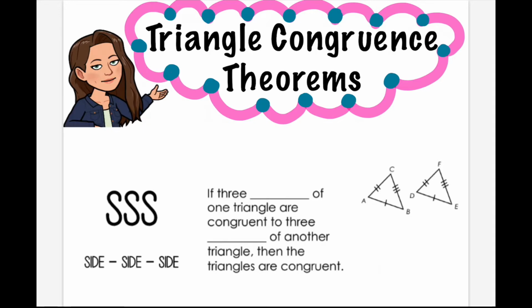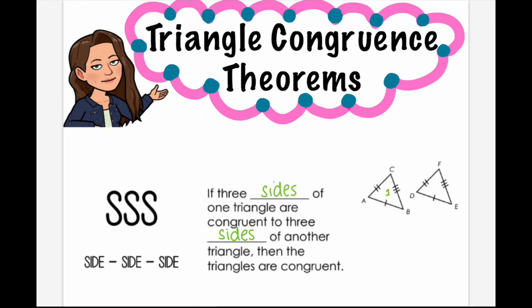The first theorem is side, side, side congruence. If 3 sides of one triangle are congruent to 3 sides of another triangle, then the 2 triangles are congruent.